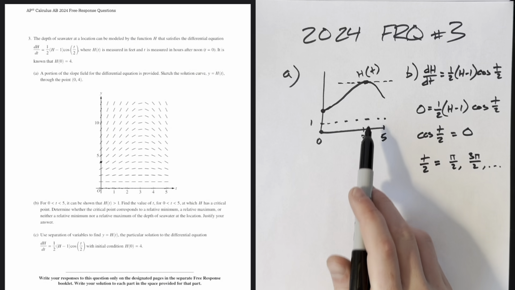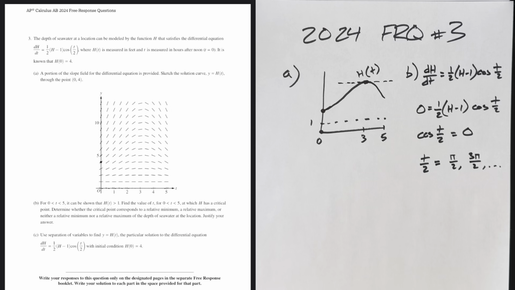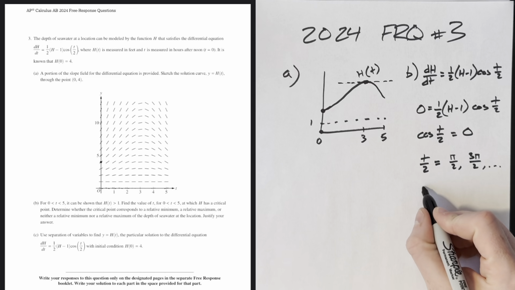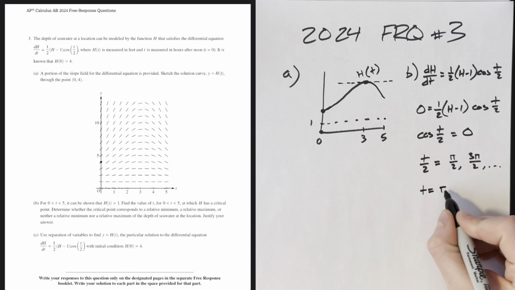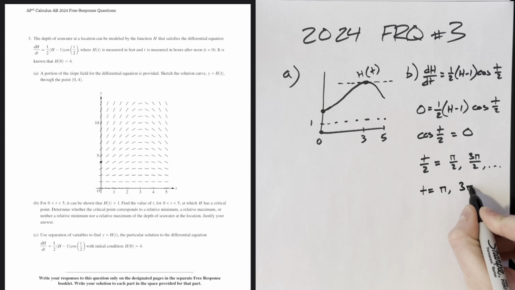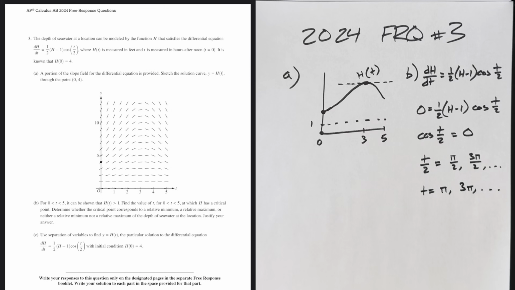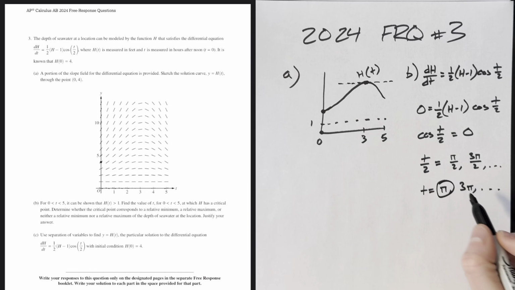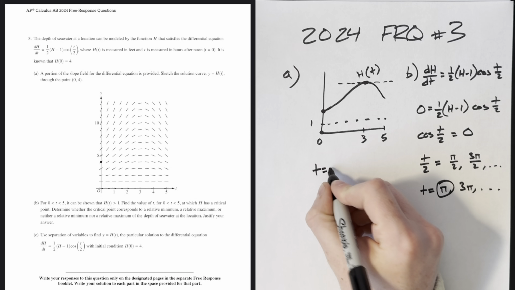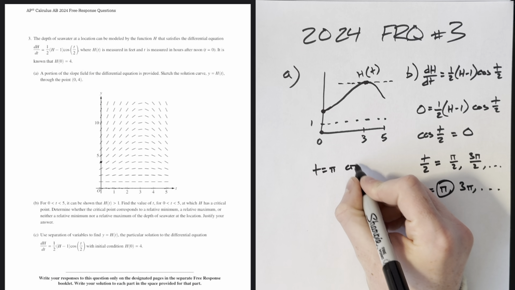But we're looking for a value that's pretty close to 3, right? If I were to multiply all of these values by 2, I'll get that my t is pi, 3pi, going on to infinity. Which one of these values is pretty close to 3? Pi. So t equals pi is our critical point.